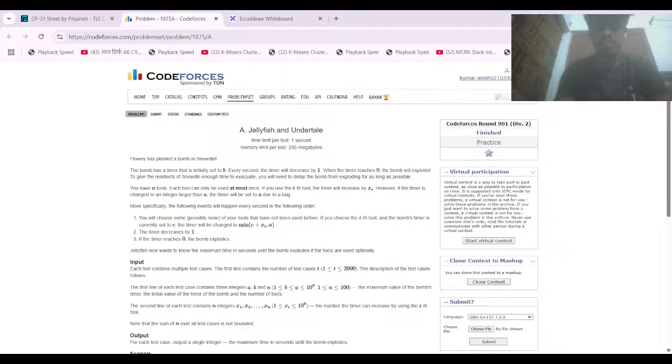The timer will change to the minimum of c plus xi and a. Then the timer decreases by 1 every second, and if the timer reaches 0, the bomb explodes. So we need the maximum time until the bomb explodes if the tools are used optimally. Let us understand this problem.